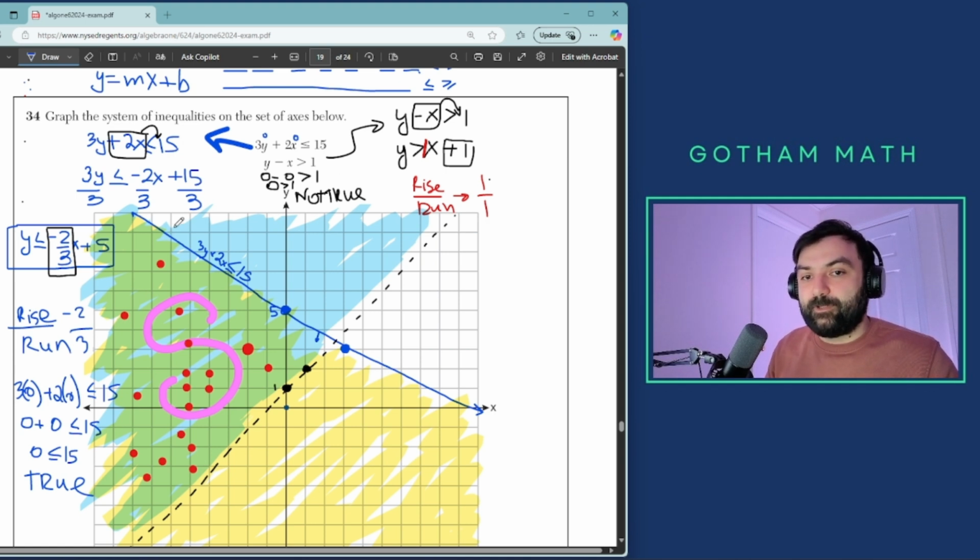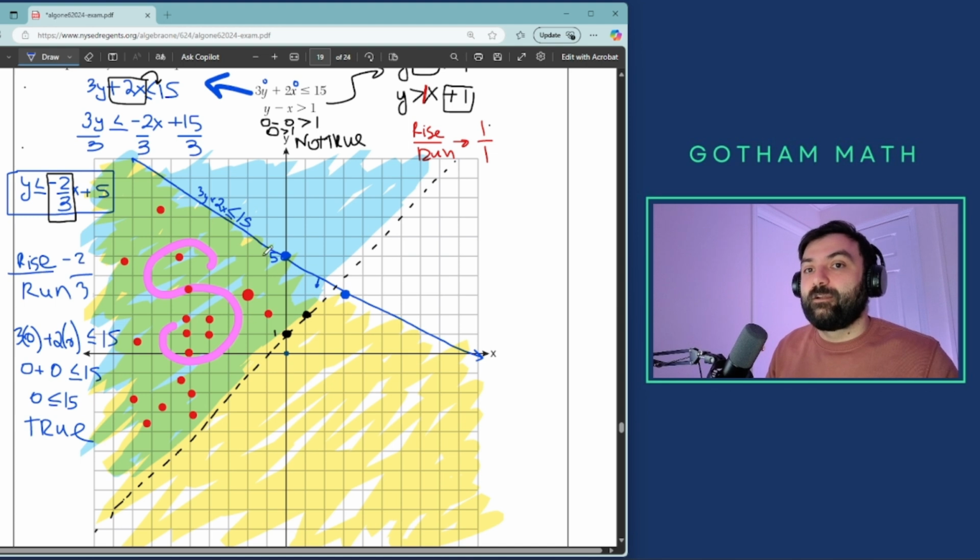Solve them separately. So make it in y equals mx plus b form. As soon as you did it, graph it. Use the y-intercept for the first point. Use the slope for the second point.